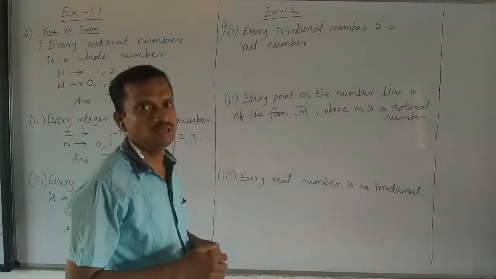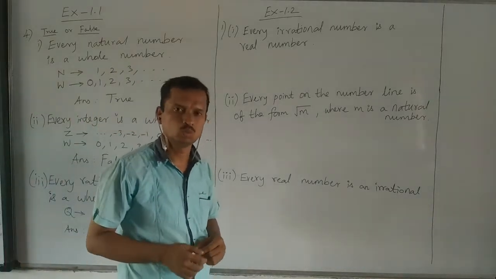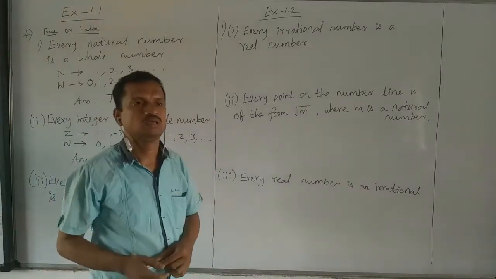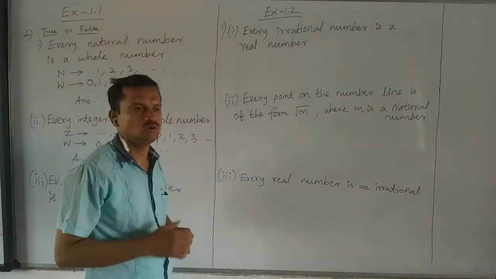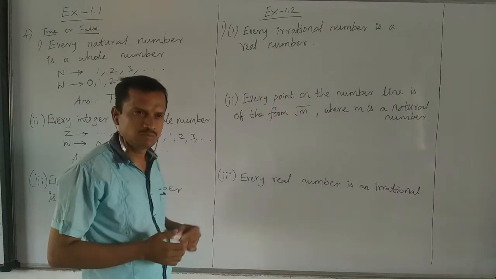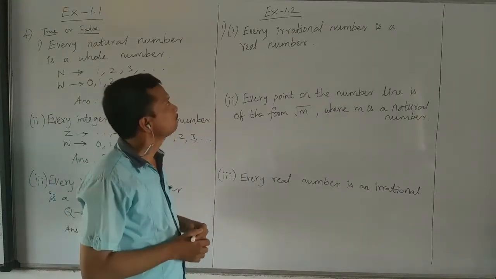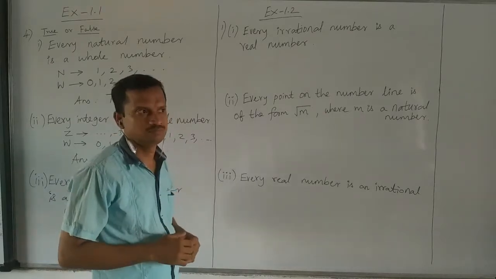And now coming to exercise 1.2. First question, 3 options are given in a statement. Here also we have to say each statement is true or false. Every irrational number is a real number.